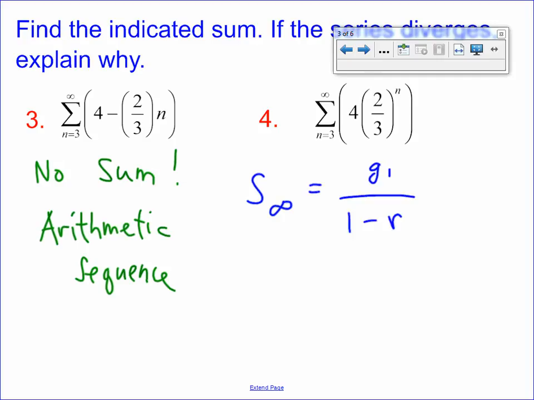Awesome. That's even simpler than my finite sum formula. G sub 1 is just the first term, with the lower index, so I put in 3. We already did that. 2/3 cubed is 8/27 times 4 is 32/27. And that's all over 1 minus ratio R, which is 2/3.